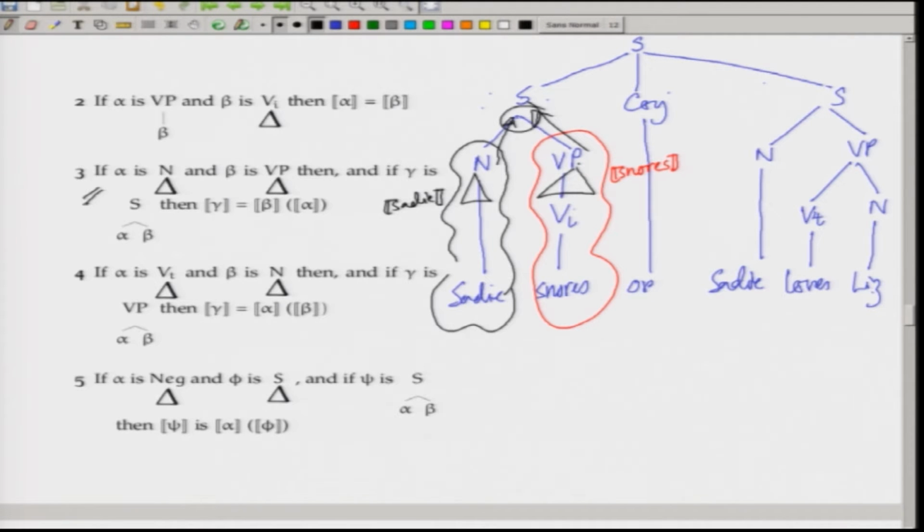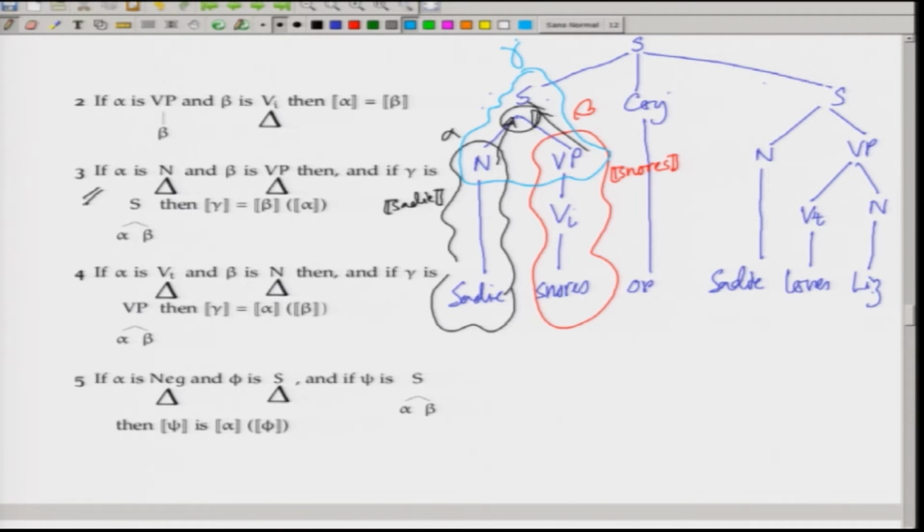Then in this case alpha and beta are understood. So this entire thing is alpha and this entire thing is beta. If that is the case, then if gamma is S and S goes to alpha beta, and we can see that yes, it is true that this is S goes to alpha beta. So this is our gamma.